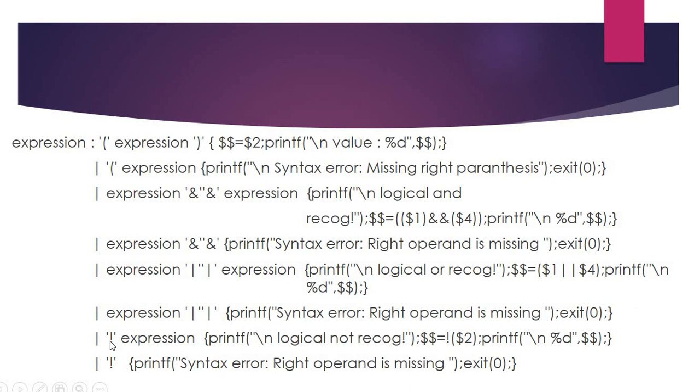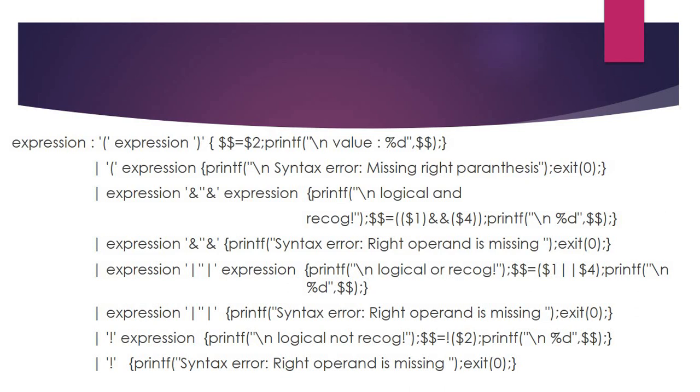Then expression produces not expression, that is logical not, and it is correctly recognized. Here this is the parent expression, and its value will be in $$. This not value will be in $1 and this expression value will be in $2.